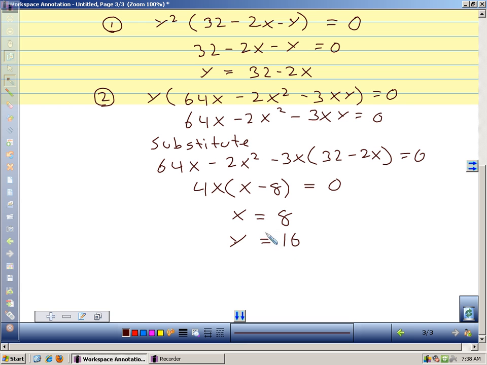And z then has to be 8 for these to add up to 32. So we've come up with 3 positive integers such that their sum is 32 and their product x, y squared, z is maximized.